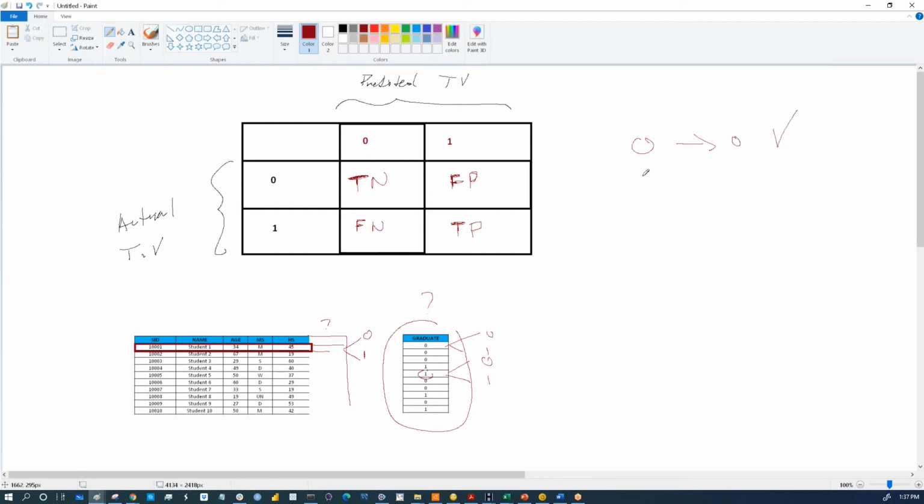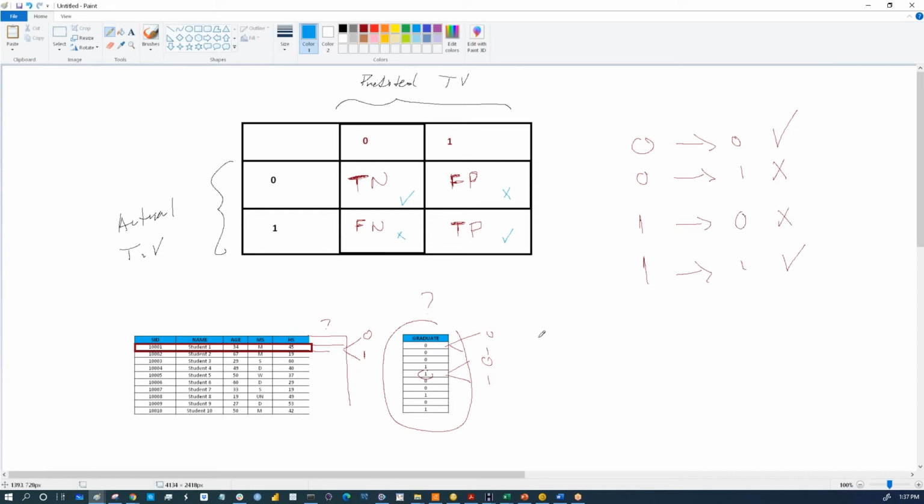If it was a 0 and the model predicted 1, it's very bad. If it was a 1 and the model predicted 0, it's very bad. If it was a 1 and the model predicted 1, it's good. So these are good predictions, and these are bad predictions.